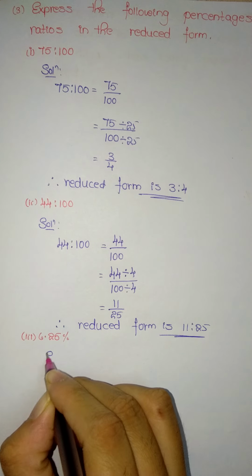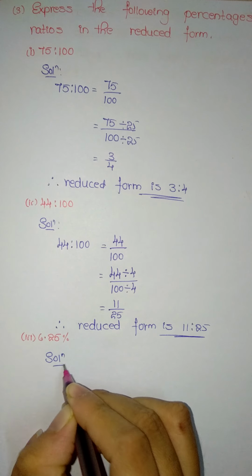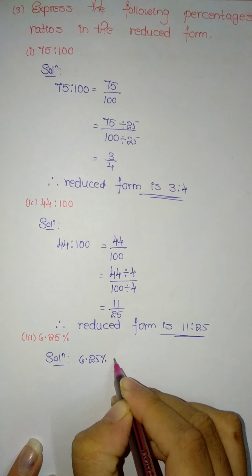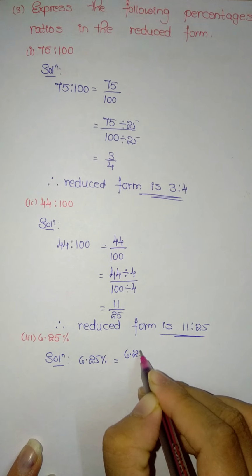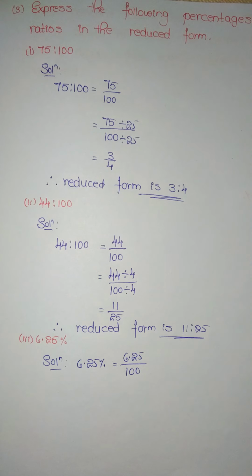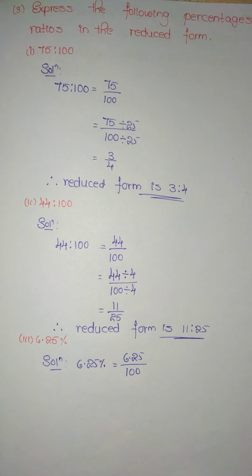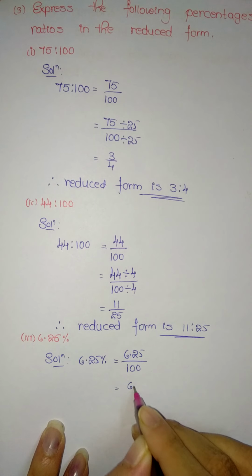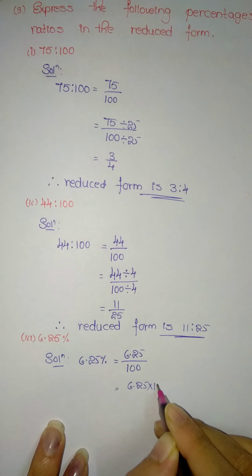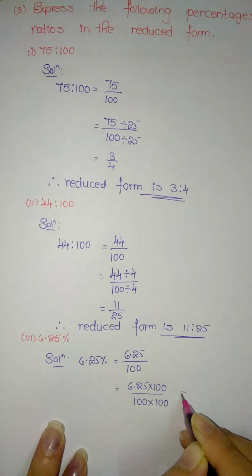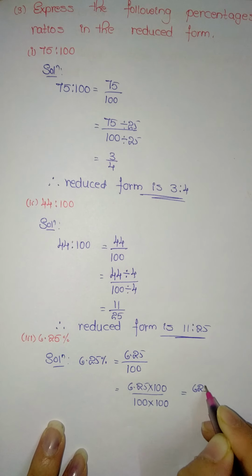So पहले हम लोगों को लिखना है, so this 6.25% we can write it as 6.25 by 100. यहाँ पे 0.25 है, तो 0.25 को हटाने के लिए multiply numerator and denominator with 100. So here 6.25 into 100 by 100 into 100.